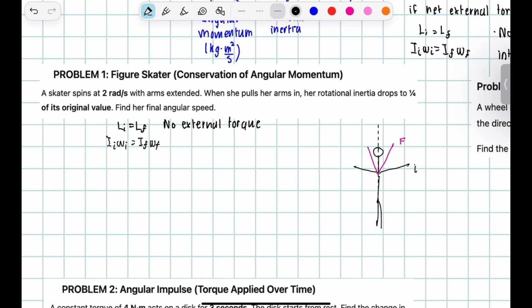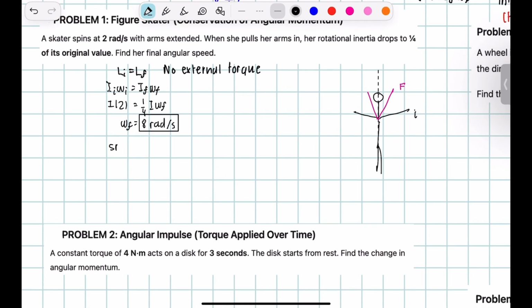Now substituting our values, we have I times 2 equals 1/4 I times the angular velocity final. Solving, the final angular velocity is 8 radians per second. So what this means is that a smaller rotational inertia will give you a larger angular velocity.